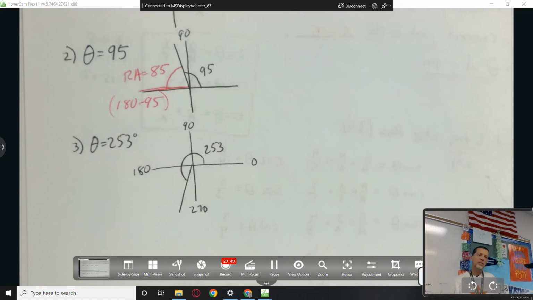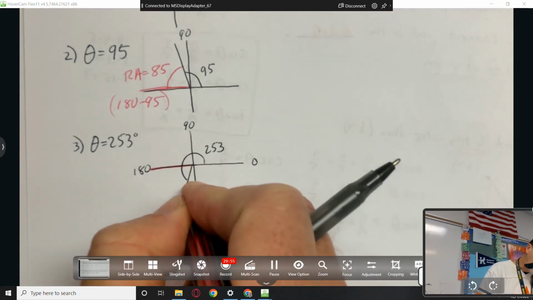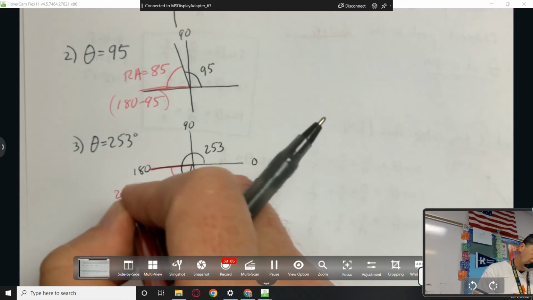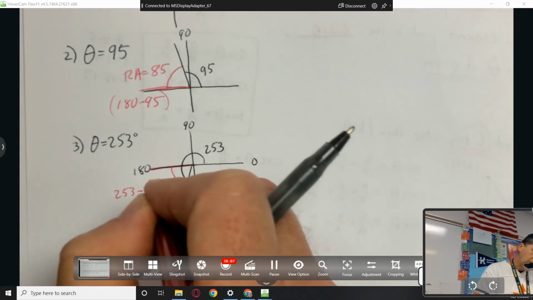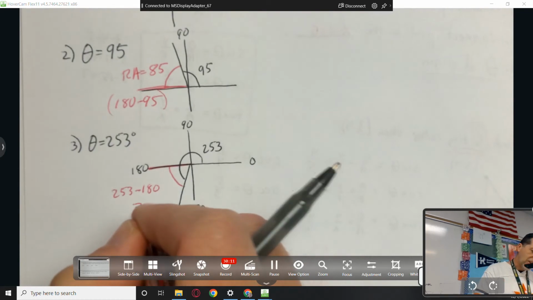So my reference angle, like the closest x-axis, is 180. So how far is it to 180? Whatever 253 minus 180 is, 73.